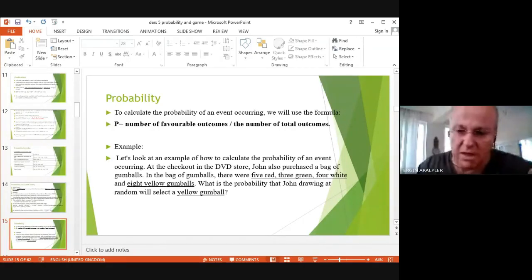This is then, of course, the formula that we have used in the former example, the birthday example. For the probability of an event occurring, we use the formula I indicated before: the number of favorable outcomes divided by the number of total outcomes.